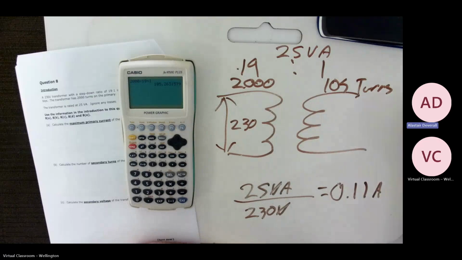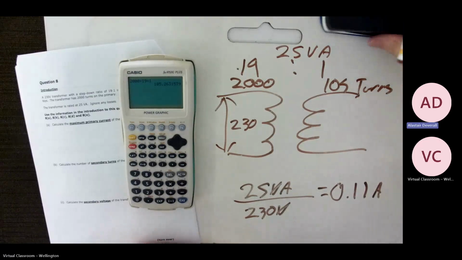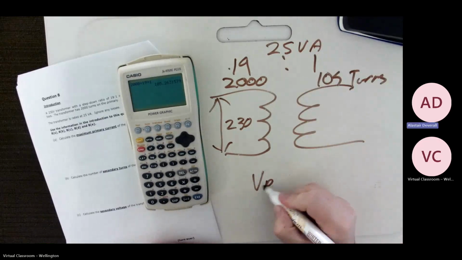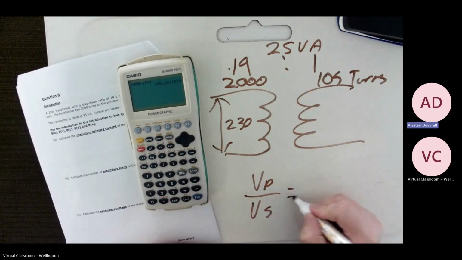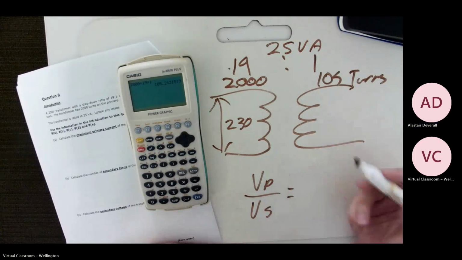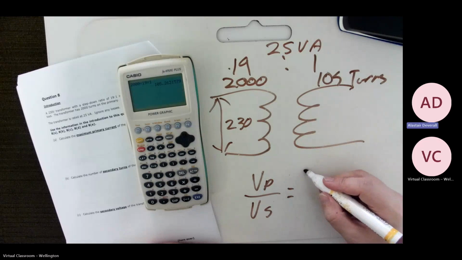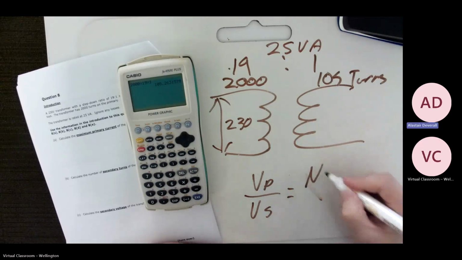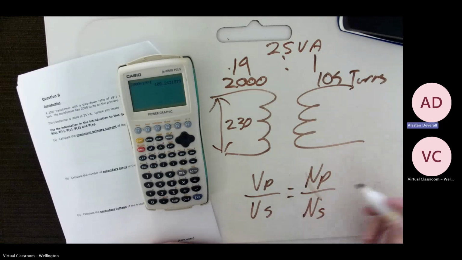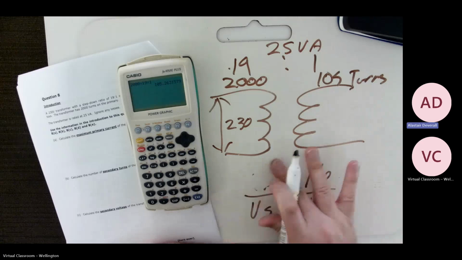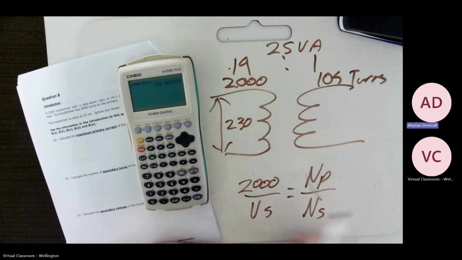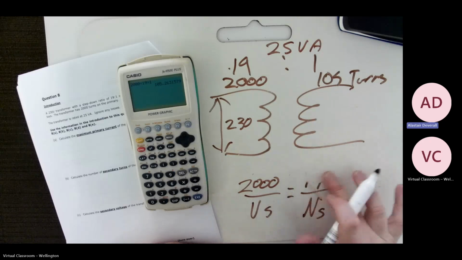You could, if you wanted to, use the formula Vp over Vs equals Np over Ns. In our case, our Vp is 230, our Vs is unknown.